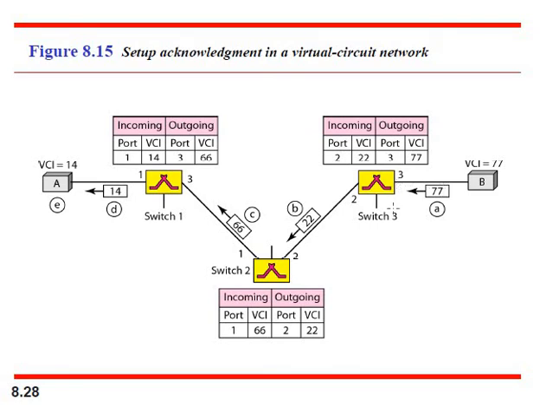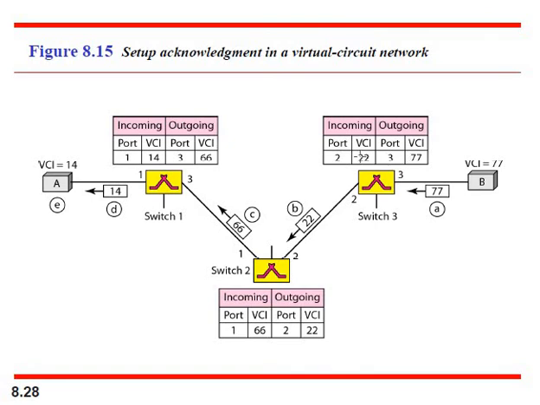So switch 3 will update its outgoing VCI as 77. Are you getting it, guys? Here the number 77 has been assigned by B as VCI equal to 77. This is given as an acknowledgement to switch number 3, and now switch 3 will update its number as 77.